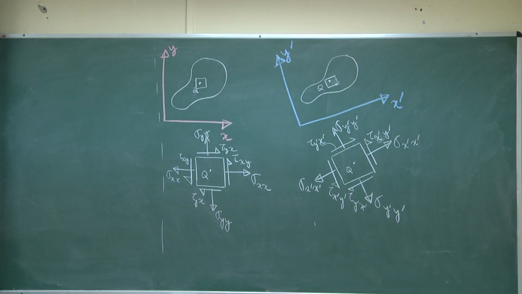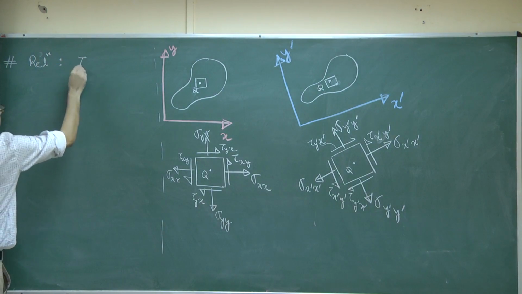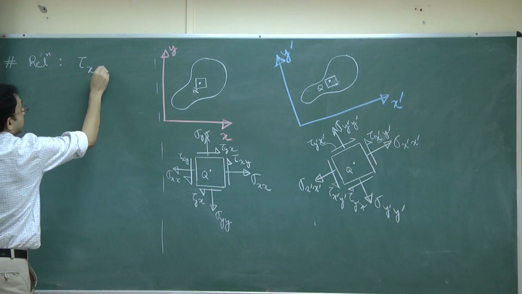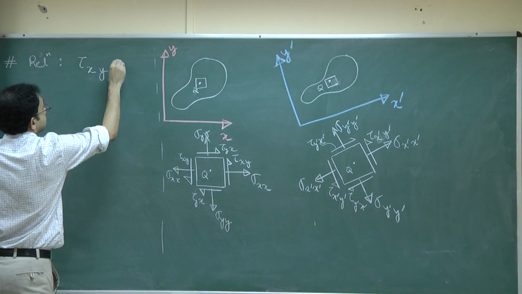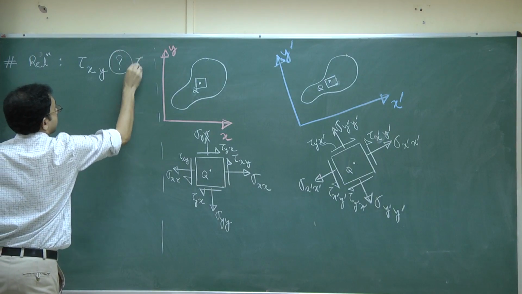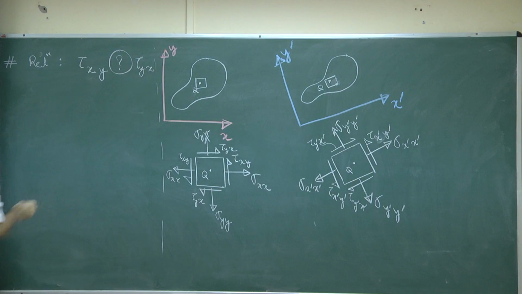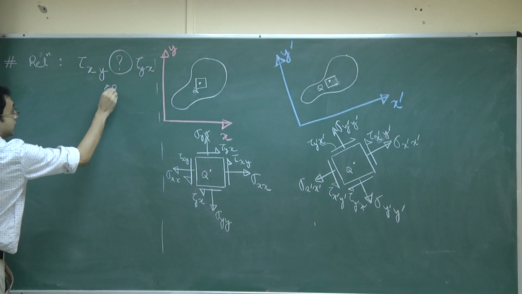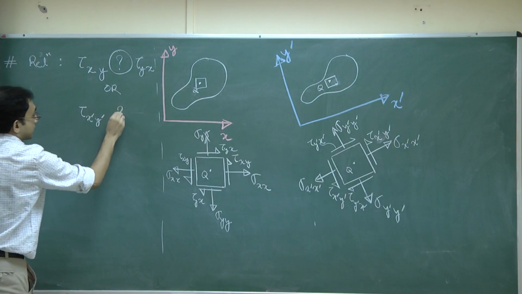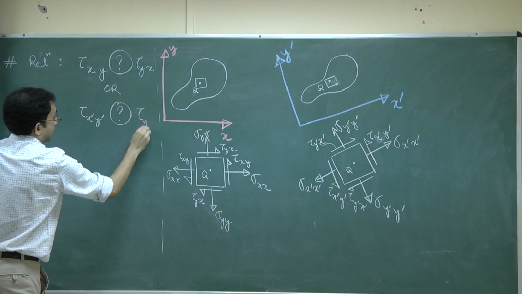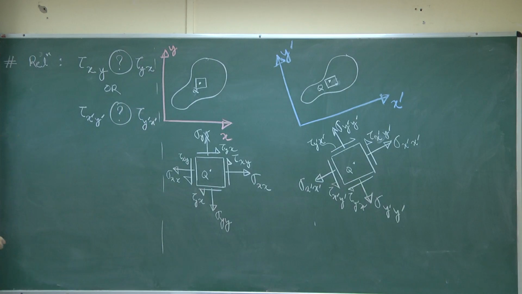Okay, we want to ask two questions. First of all, what is the relationship between tau xy and tau yx, or equivalently, what is the relationship between tau x dash y dash and tau y dash x dash?